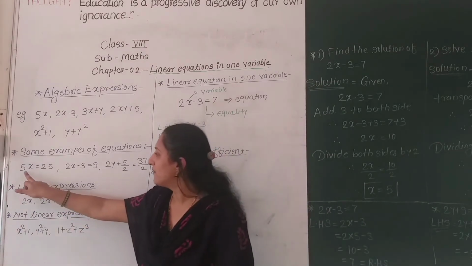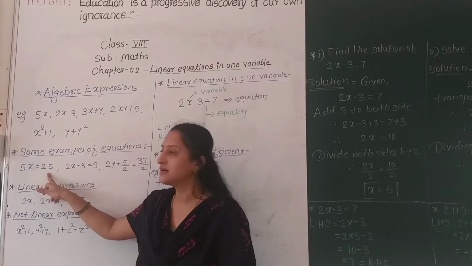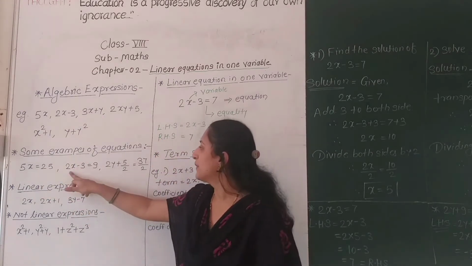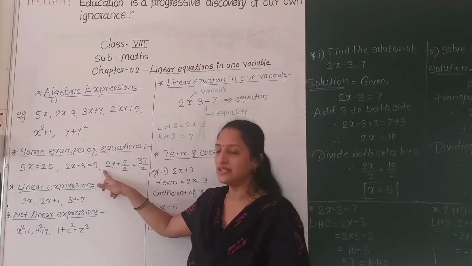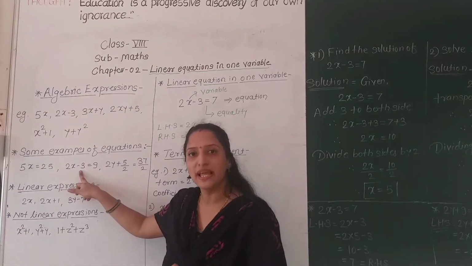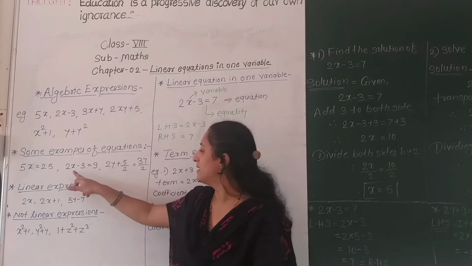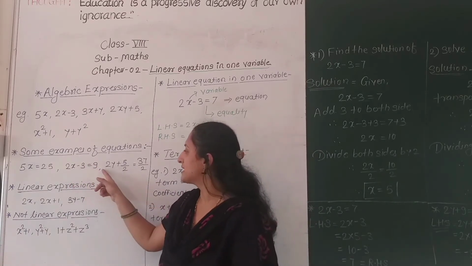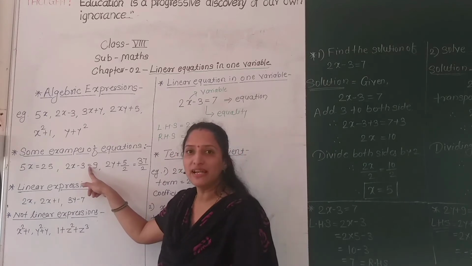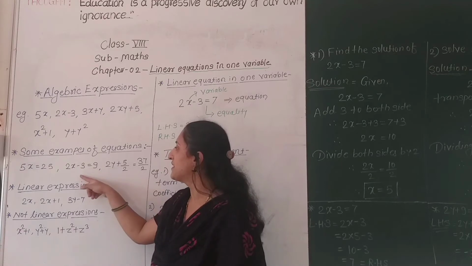So here 5x is equal to 25. It is an algebraic equation. 2x minus 3 is equal to 9. Here 2x minus 3 is an algebraic expression and 9 is an algebraic expression, but these two contain an equality sign between them, so it becomes an equation.